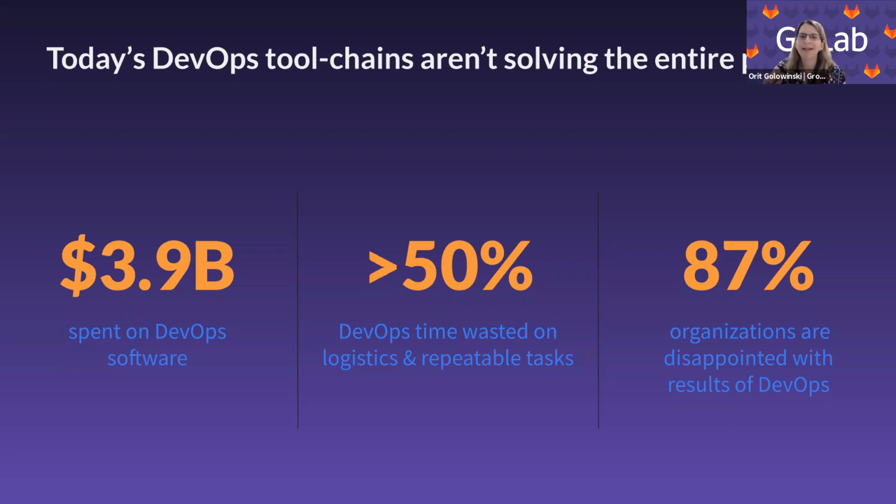In fact, almost 90% of the organizations that have already adopted DevOps are disappointed with the results, according to the 2017 Gartner report. While improvements have been made for specific KPIs like deployment frequency and change failure rate, which we'll talk about later on in this presentation, ultimately the full transformation promise of DevOps has not yet been realized. And even though we've implemented DevOps, it's not working how we expected it to. And why is that?